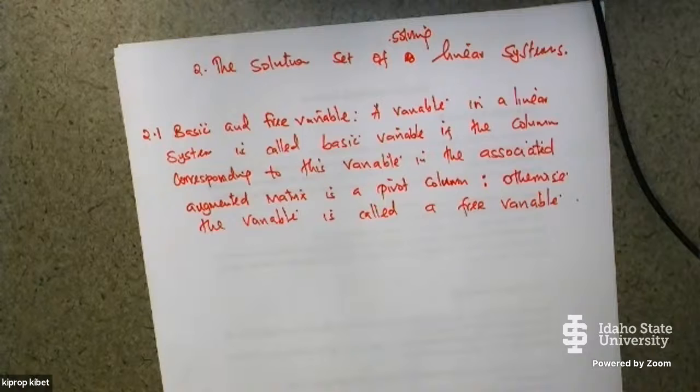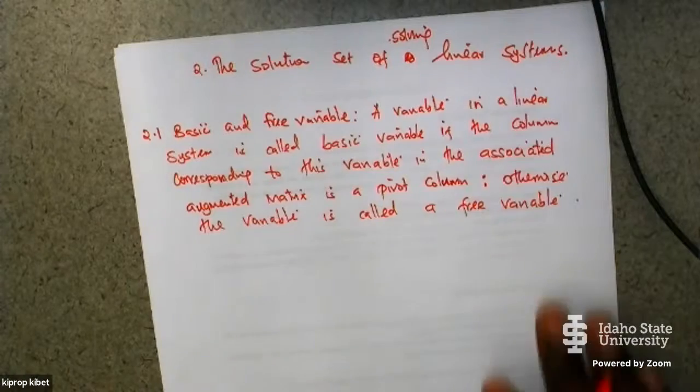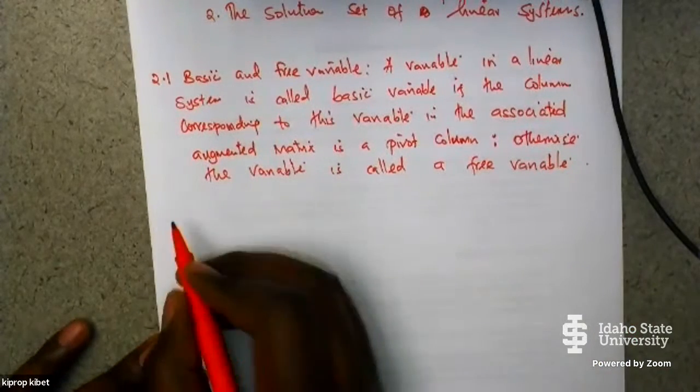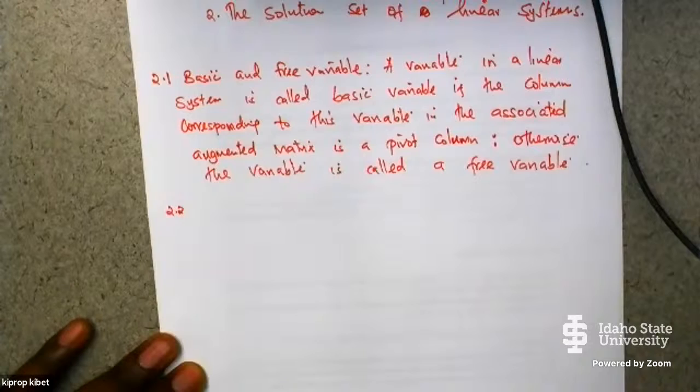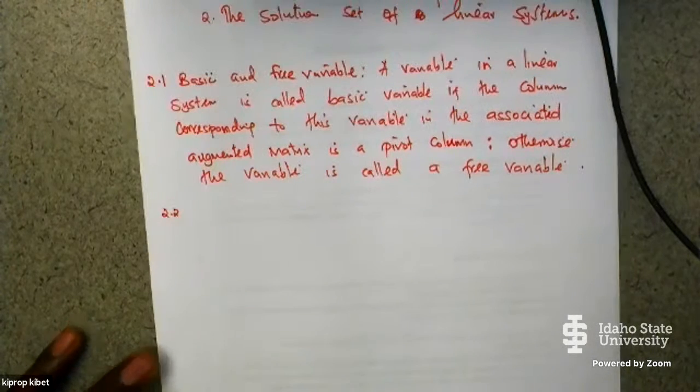But if the column is not a pivot column, then it becomes the free variable. The free variable.